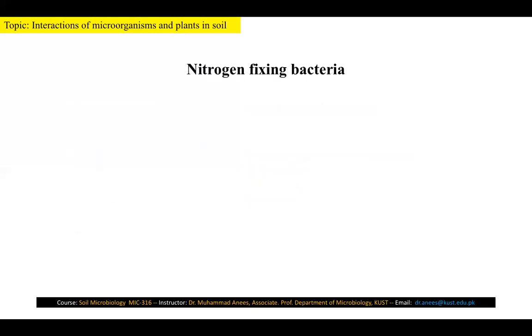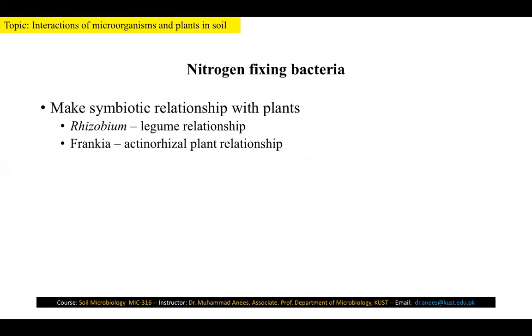Now, first we start with the nitrogen fixing bacteria. What are nitrogen fixing bacteria? These are the bacteria which make symbiotic relationship with plants.